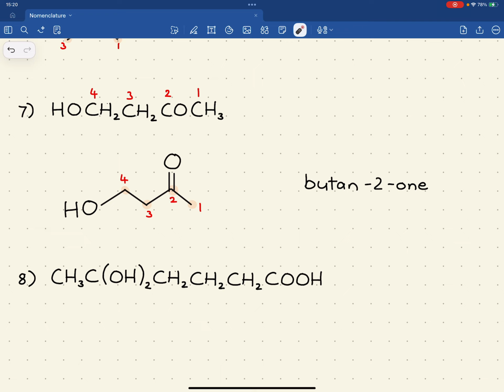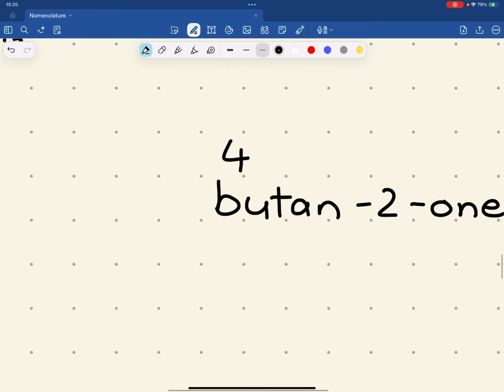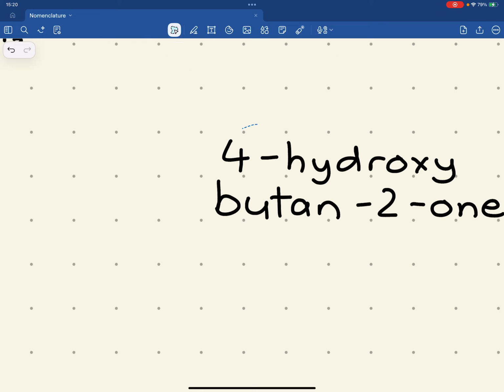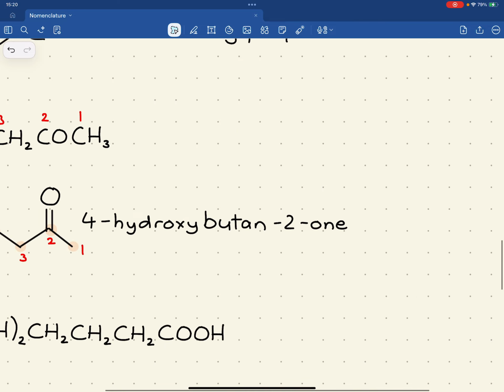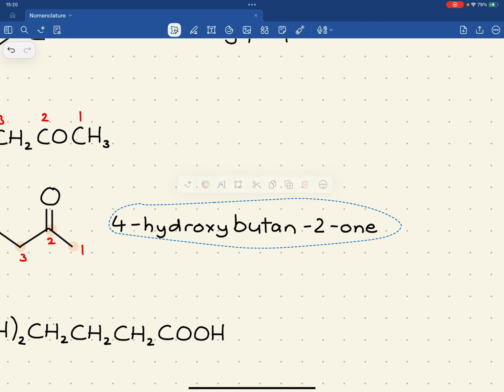Prefix is hydroxy. And we need to say what carbon that's coming off. It's coming off carbon 4. So this would be then 4-hydroxybutan-2-one. Let's put that there. So 4-hydroxybutan-2-one.